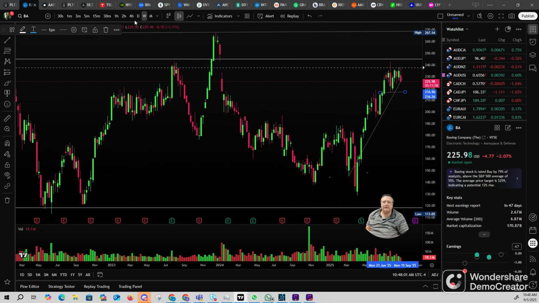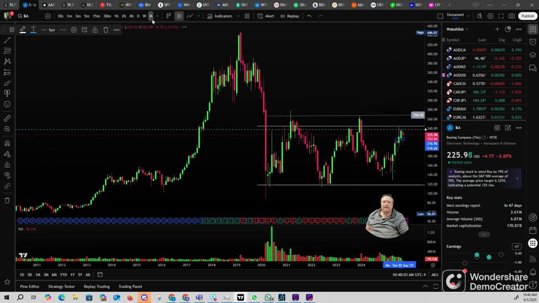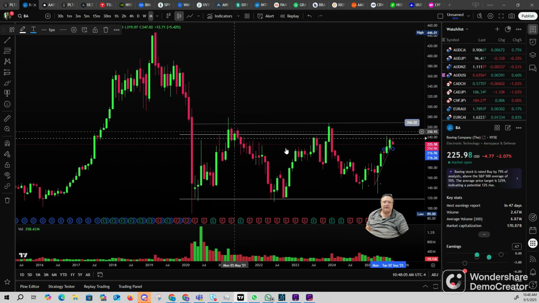As a matter of fact, if you did want to play off the monthly, looking at the monthly, I'm more likely to consider going short. So I would consider if we get a breakdown of maybe about 212 or in this area, 215. If we break down over here, I think we could test the 160 area.